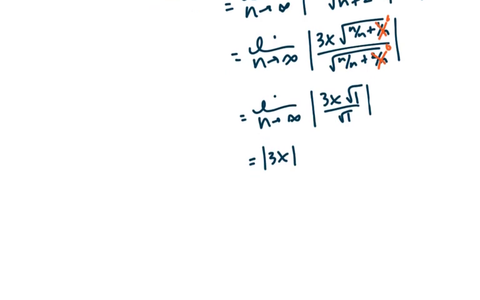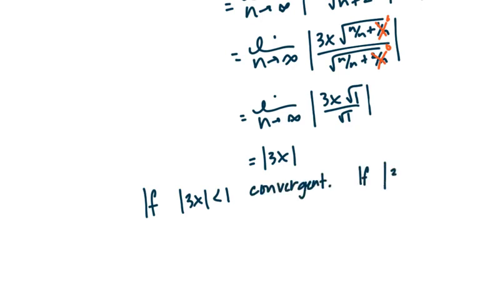Now, since we're in the ratio test, if the absolute value of 3x is less than 1, then we have convergent. And if the absolute value of 3x is greater than 1, then we have divergent. So let's solve the absolute value of 3x is less than 1. That means negative 1 is less than 3x, which is less than 1.